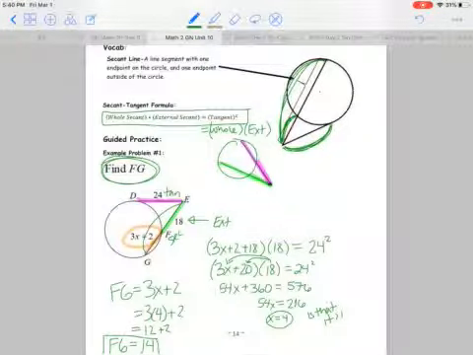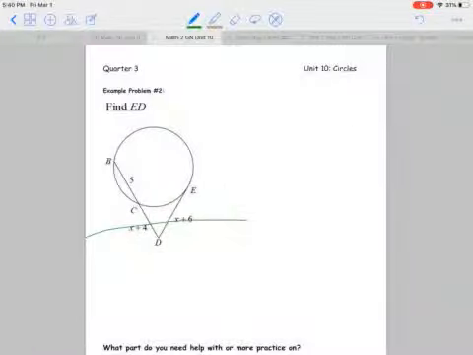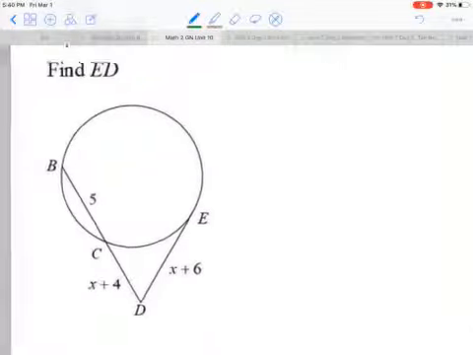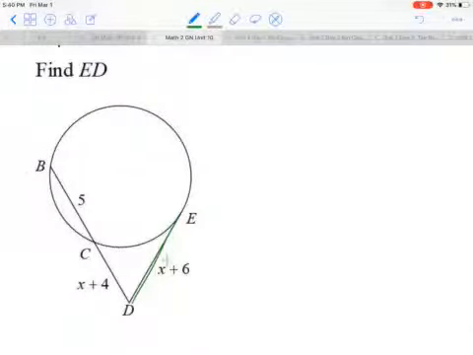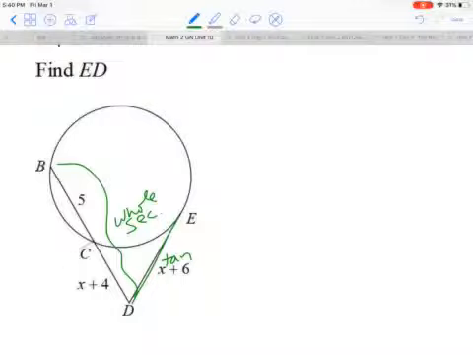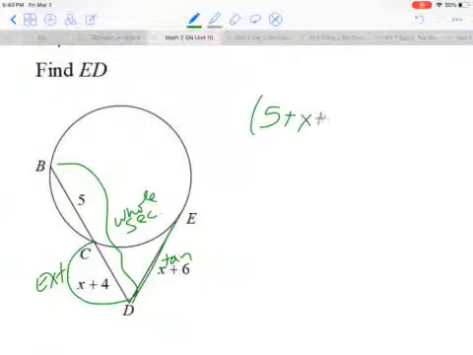Okay, let's try another example, just because these are kind of the weird ones, so you want lots of practice on the ones that have formulas, so you memorize the formula. So the next one here, oops, I drew a little much. Okay, so this one here has another tangent line and the whole secant line. And this piece right here is the external part. So setting up my formula, I have the whole secant line, 5 plus x plus 4.